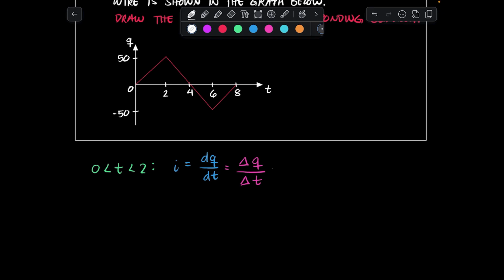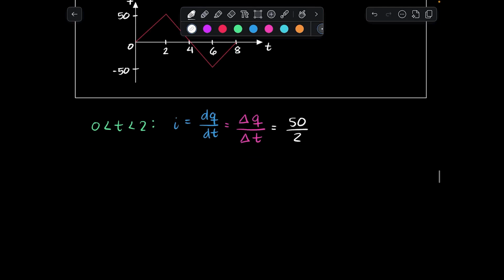Therefore, the overall change in Q is 50. And the overall change in time, which is the x-axis here, we move from 0 to 2, and so we have 2 units here. Notice that this value right here is the slope of this equation, because that's what a derivative is. The derivative is the slope of any equation, the slope of any line. Therefore, I is equal to 25 amps on this interval.